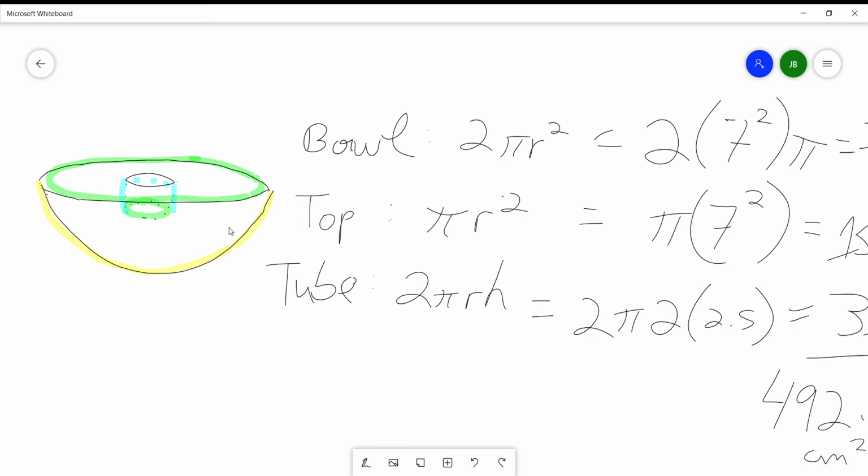So it works out to 2 pi r squared and then pi r squared, and since the r is the same, it's basically 3 pi r squared. We could have just done that in one step, but I didn't want to confuse you guys. So bowl, plus we have this circle up at the top, which we don't need to separate out because they add up together.